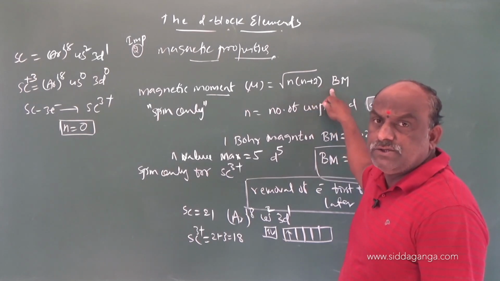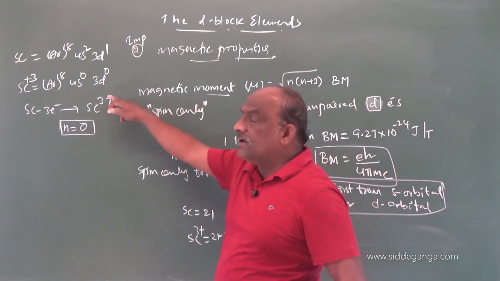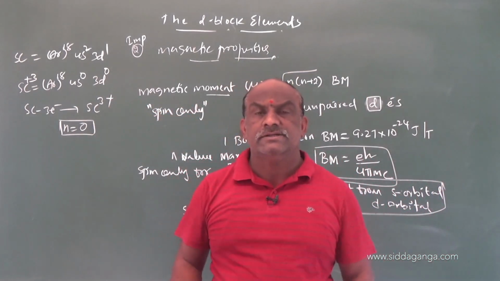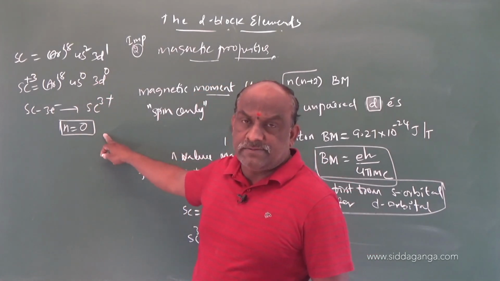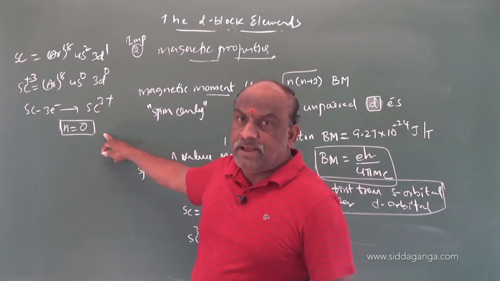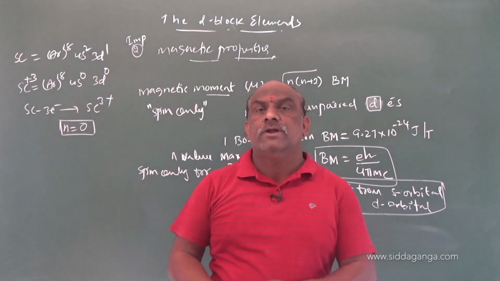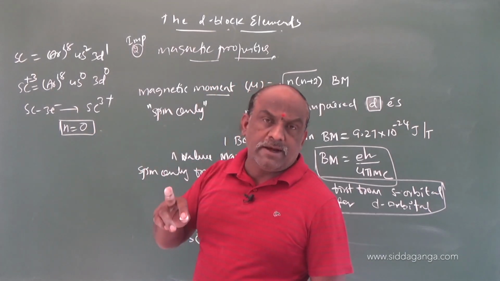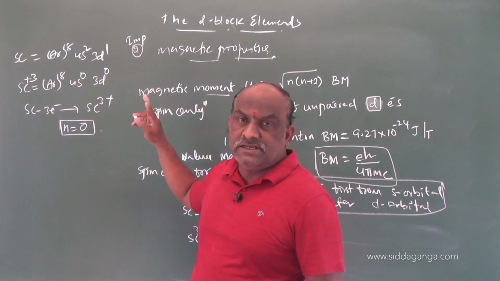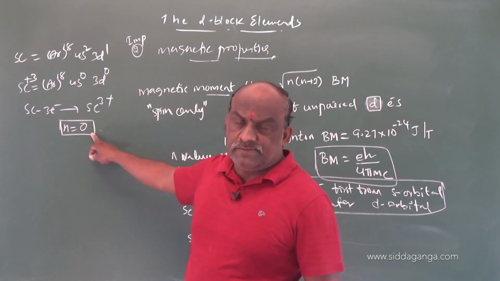An n value of 0 means it is a diamagnetic substance. So the spin only magnetic moment of scandium 3 plus is 0, because it is a diamagnetic substance.